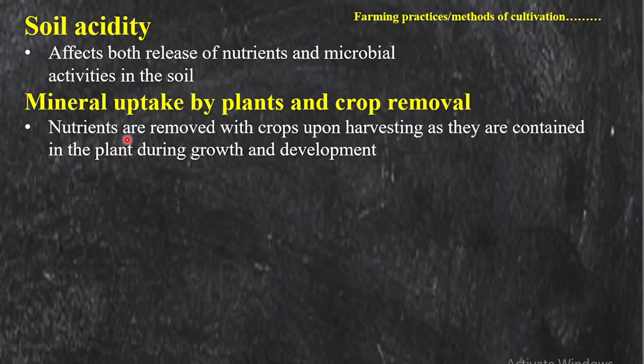Okay, so what we are saying is that mineral uptake by plants and crop removal can reduce the nutrients in the soil, especially when you're harvesting, you're removing the crops which contain the mineral salts or mineral elements, nutrients.